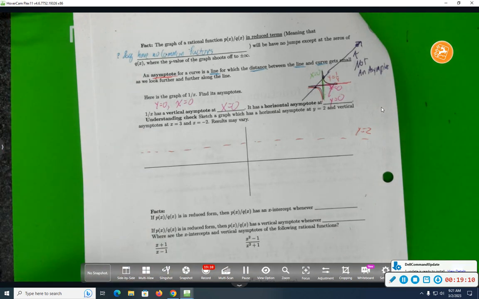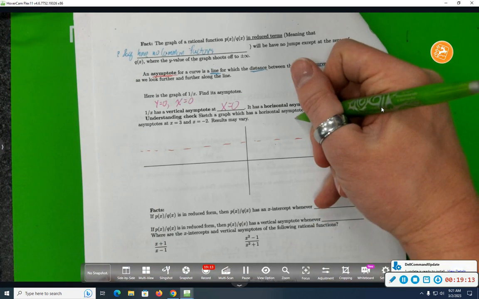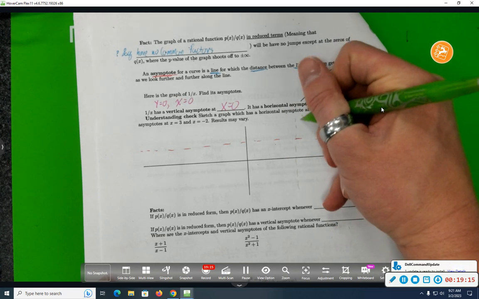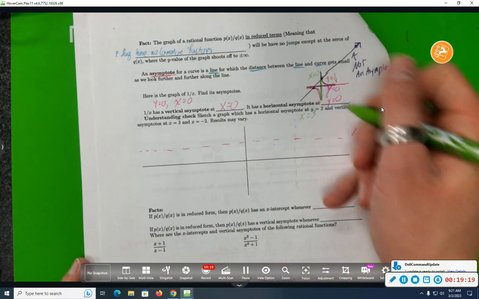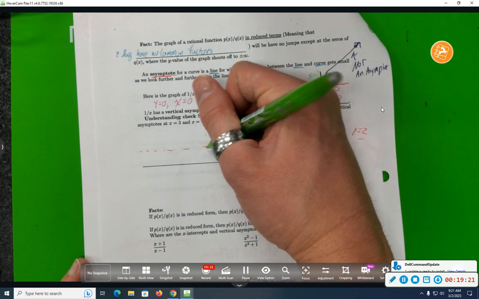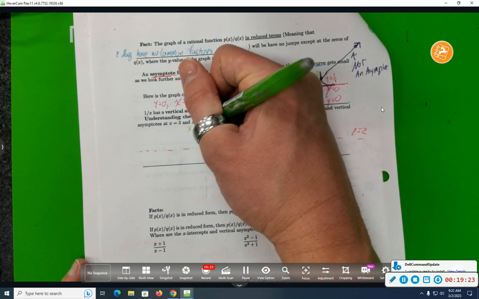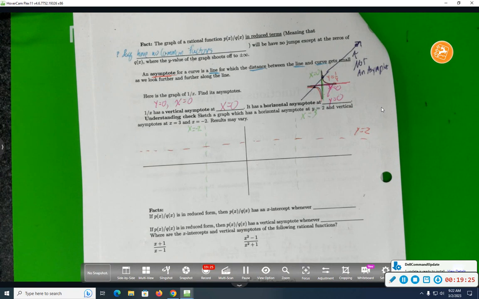And vertical asymptotes at x equals 3. I know green isn't totally clear, but I think that's okay. And x equals negative 2.